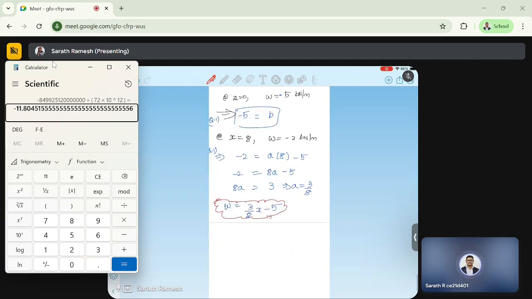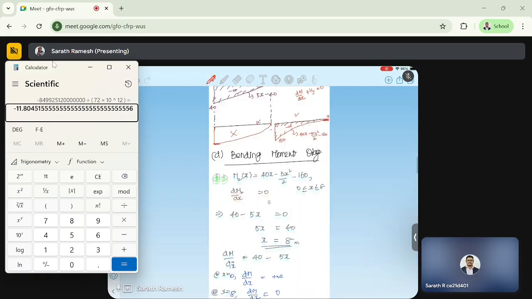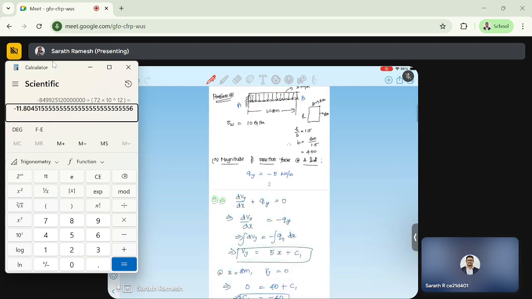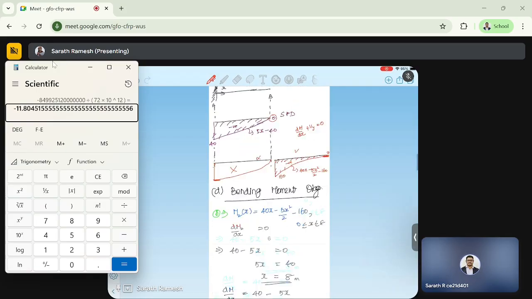Now I'll do it with the differential equation method. Okay, that is equation number 1, dVy by dx plus qy equal to 0.